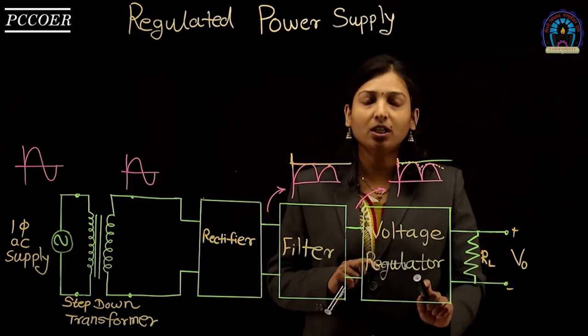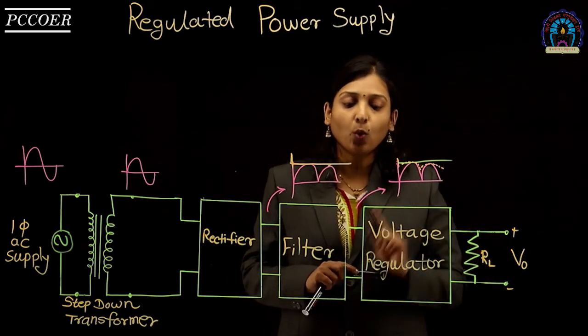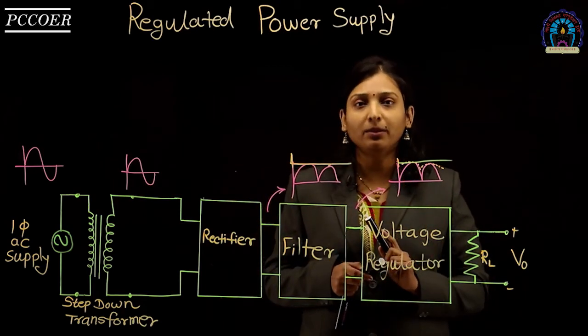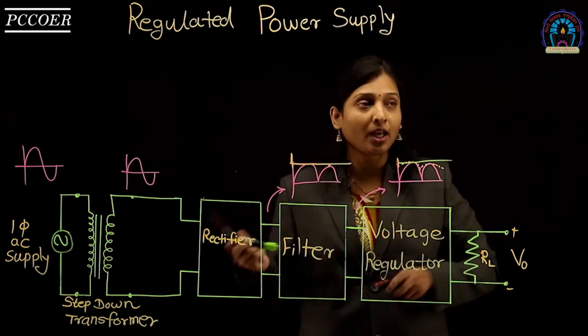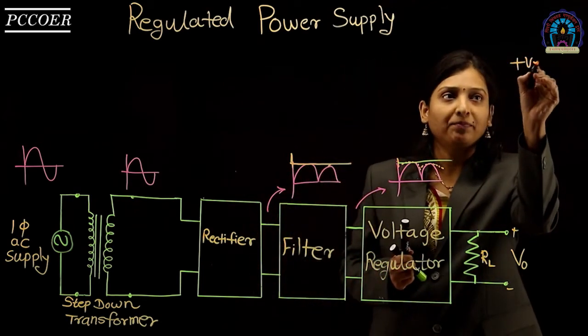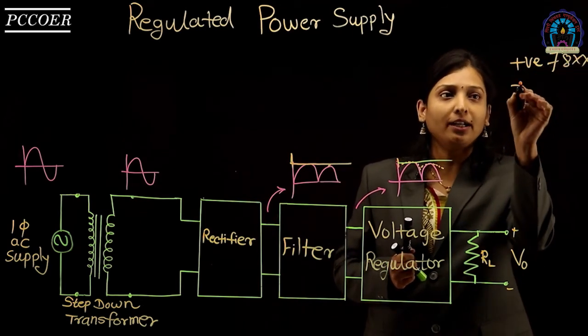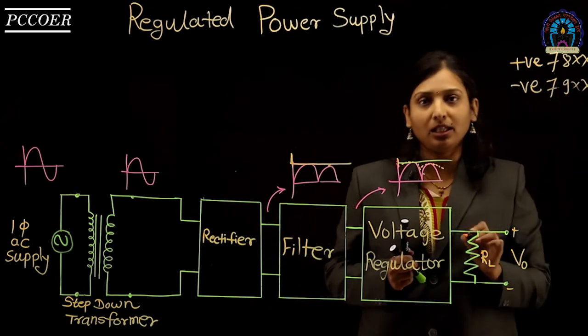For this voltage regulation, we are using the Zener diode for the voltage regulator. There are a number of ICs also available for the regulation purpose. If we want the positive supply, we are using the 78XX series, and if we want the negative supply, we are using the 79XX series.